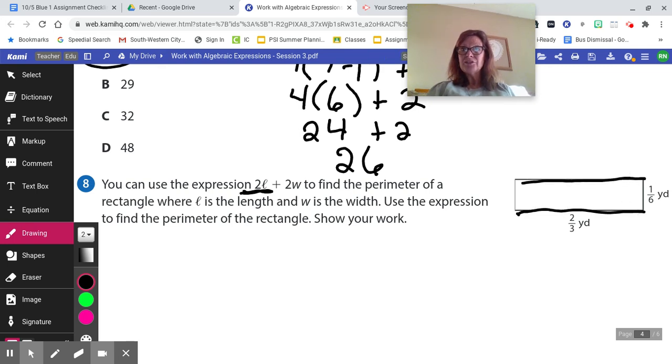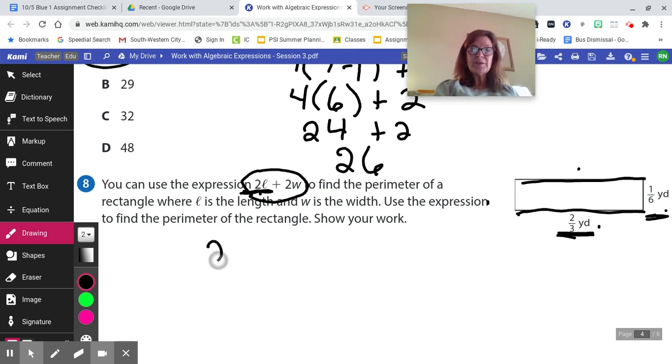I could add 2/3 plus 1/6 plus 2/3 plus 1/6, or I could use this expression to solve it. So how am I going to do that? I want to substitute the 2/3 in place of the L and 1/6 in place of the W. Stop the video and come back and check if you got the right answer.